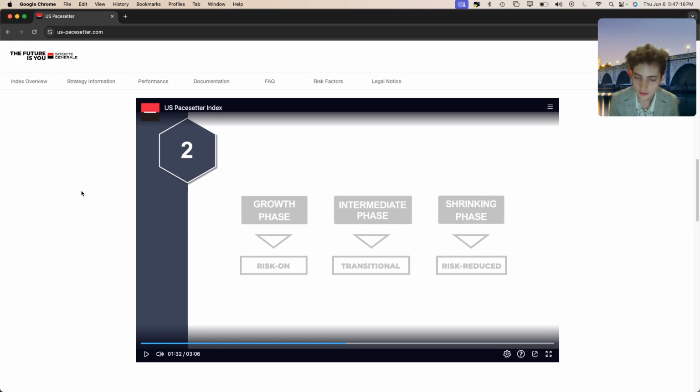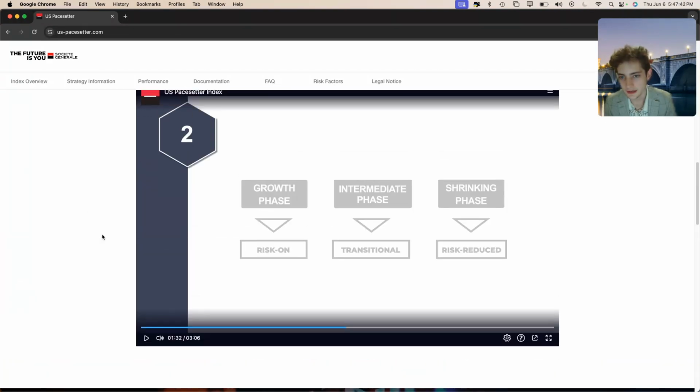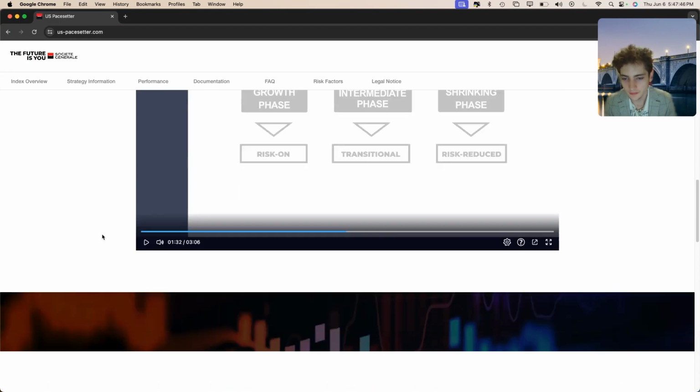There's the growth phase, which is risk on, means risky, a lot of S&P, a lot into equity, and they're reducing a lot of their allocation into bonds or commodities or safe things like that. Intermediate phase is a transitional phase, so transitioning over from a bull to bear market, and a shrinking phase is what this fund does in a typically bear market, so just generally more commodities and more bonds. So that is the allocation strategy of this particular fund, and it changes on a month-to-month basis.